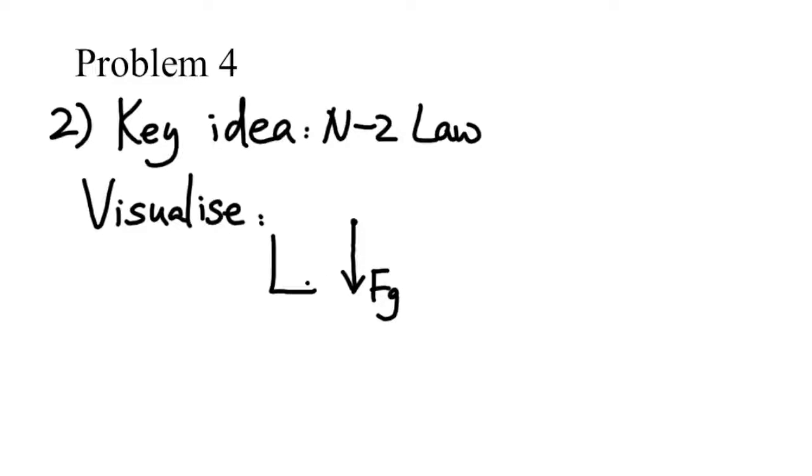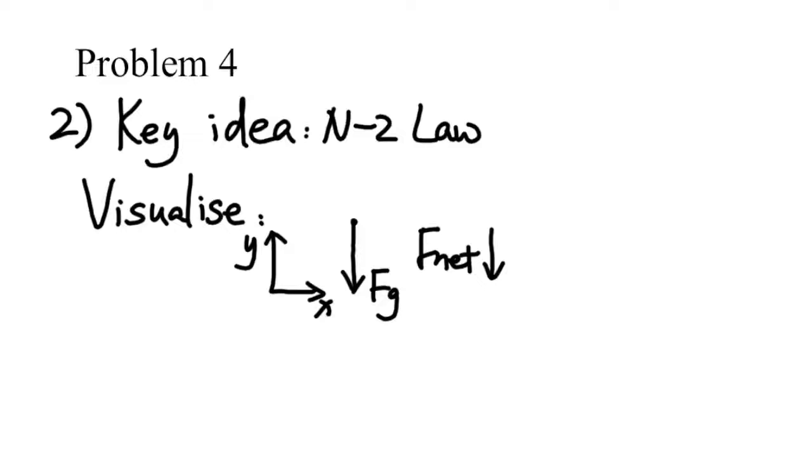We know that because the person is in free fall, its acceleration is downward and it equals g. So we know that F net is downward. And our coordinate system is the same as the first part.